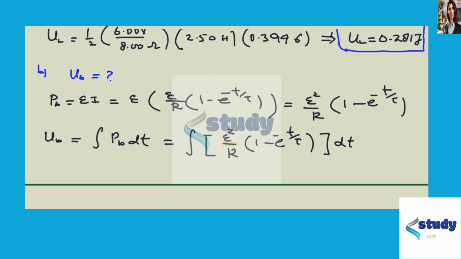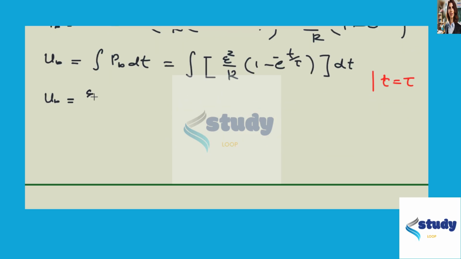Now at t equal to tau, this integration will be equal to E square divided by R into tau e raised to power minus 1.